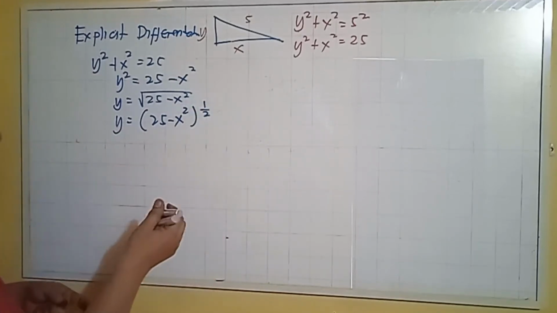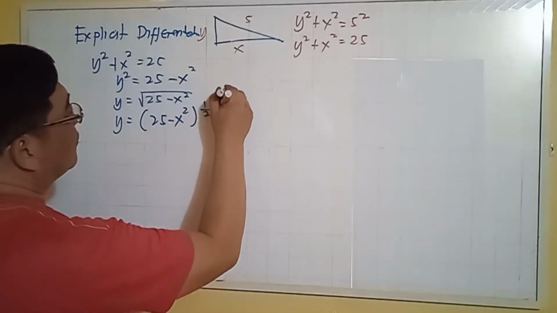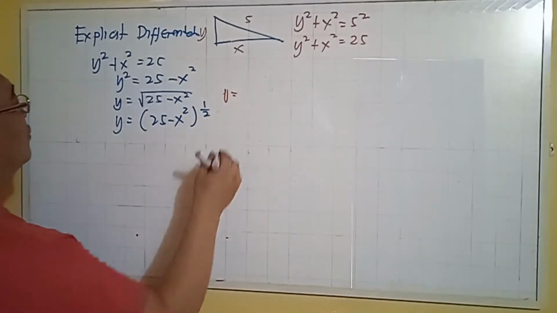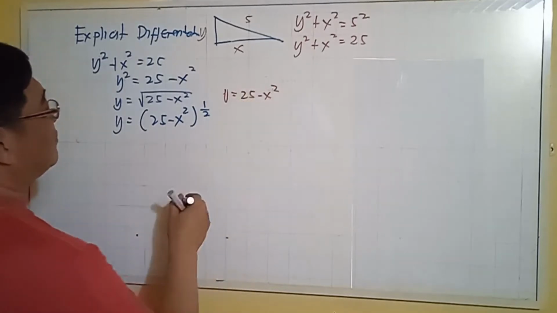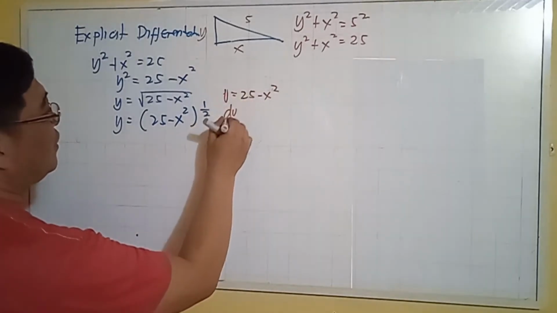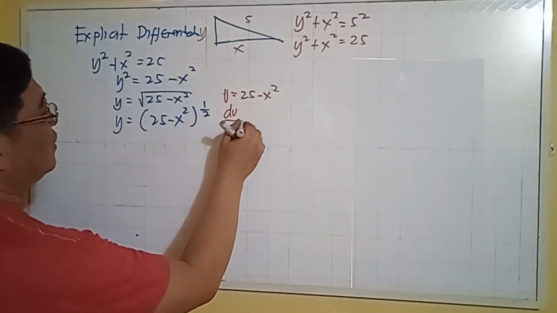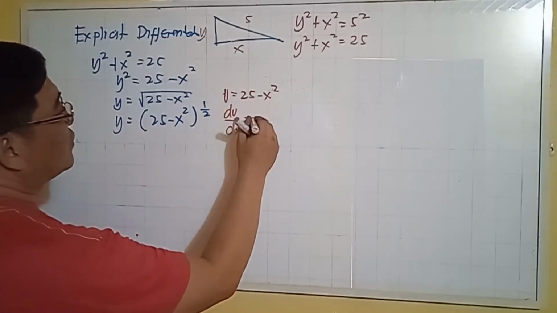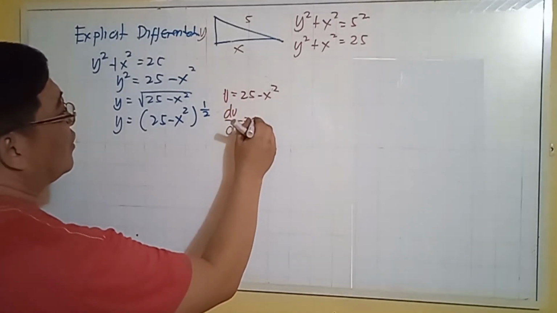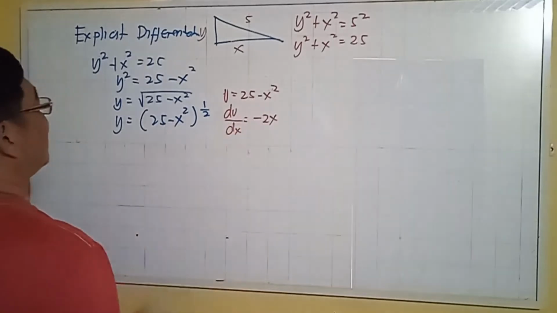Magre-represent tayo na u is equals to 25 minus x squared. So, ibig sabihin, derivative of u with respect to x is equals to 0 minus 2x using power formula, minus 2x.